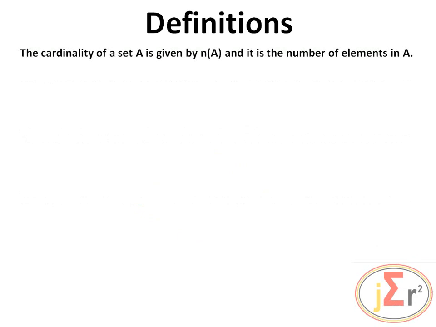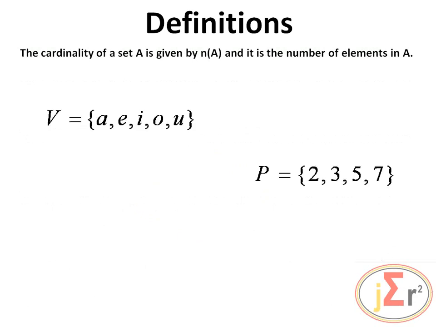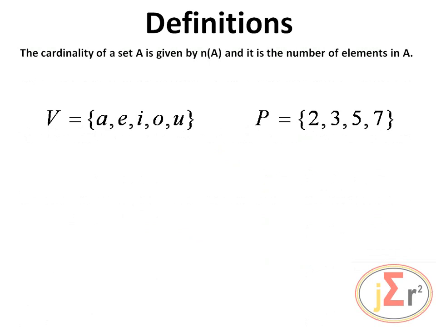The cardinality of a set A is given by n(A), and it is the number of elements in A. There we have two sets. V is equal to the set of letters a, e, i, o, u, and P is the set of numbers 2, 3, 5, 7.